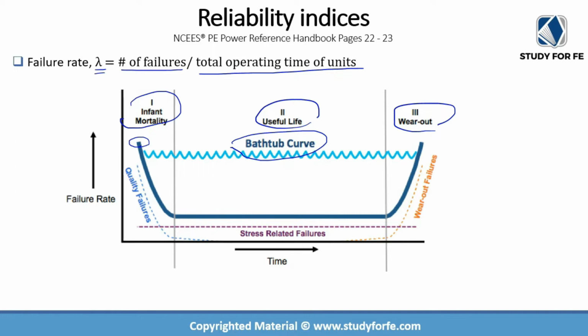So you would have done FAT. Sometimes they actually fail the factory acceptance testing. Sometimes they fail site acceptance testing, and sometimes they fail the first energization, or they fail within the first week of operation, right?